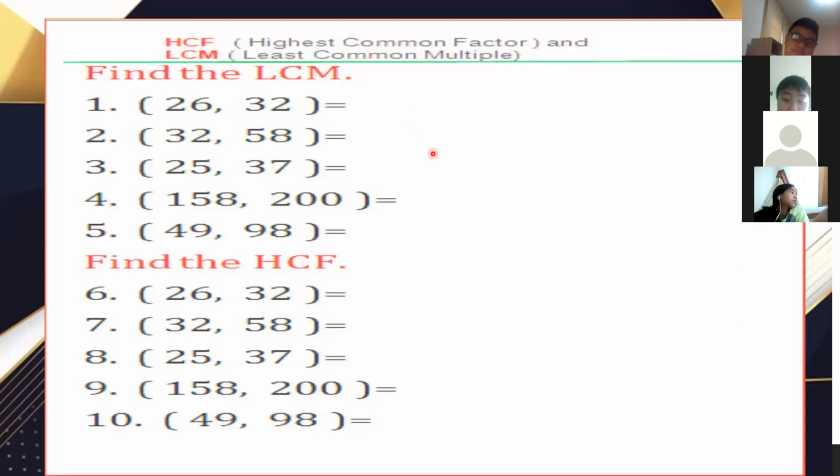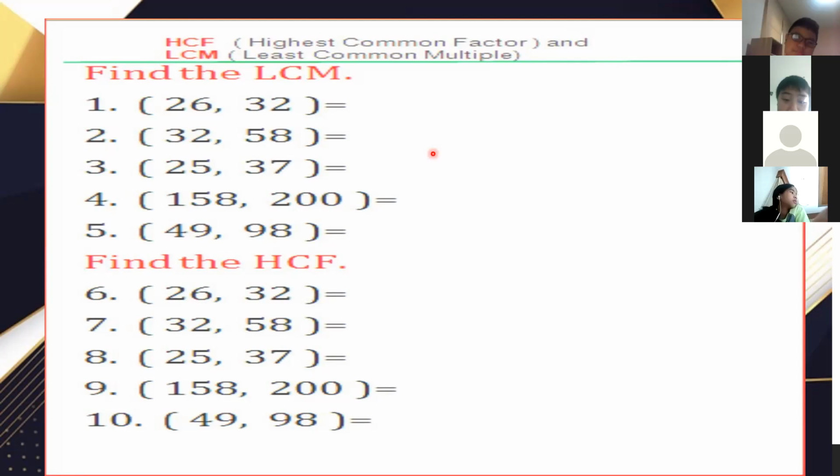Number 1 is pawn. Number 2 is puri. Number 3 is bahas. Number 4 is sense. Number 5 is T. Okay.